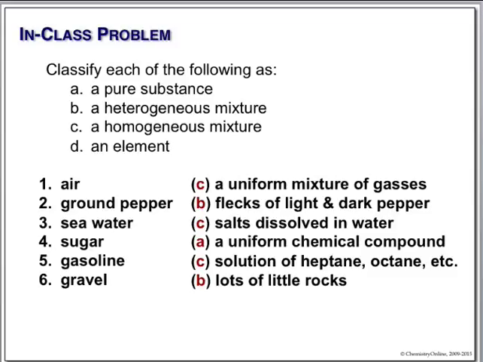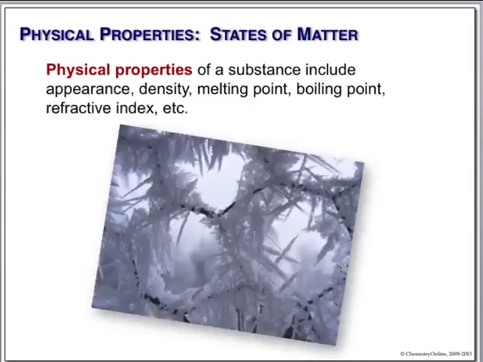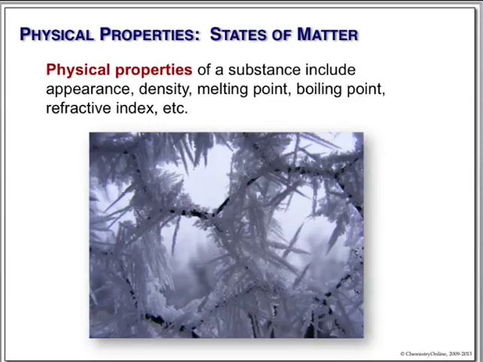Well, we talked about water melting to ice and stuff like that. That represents what's known as a physical property. The simplest physical property a substance can have is its physical state, whether it's solid, liquid, or gas.